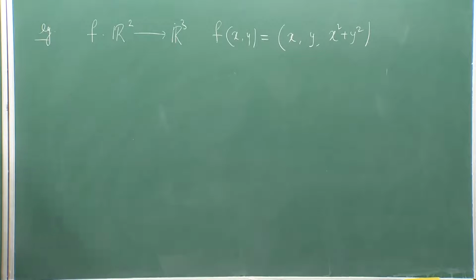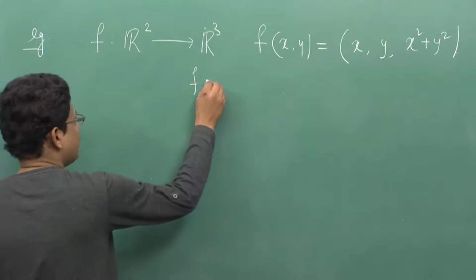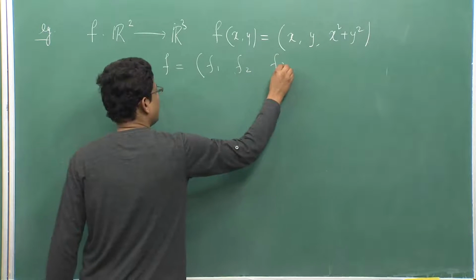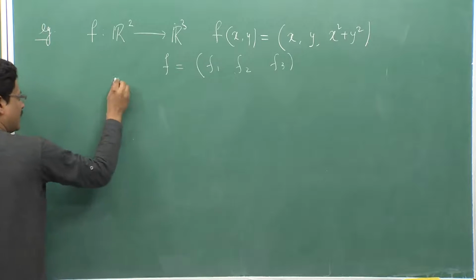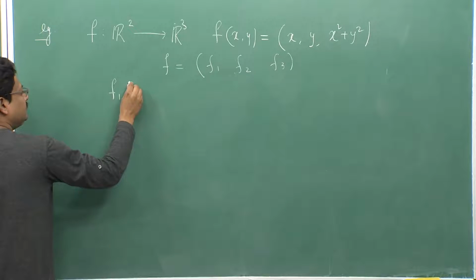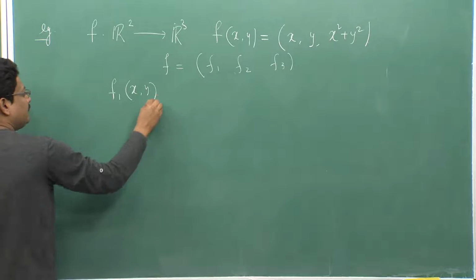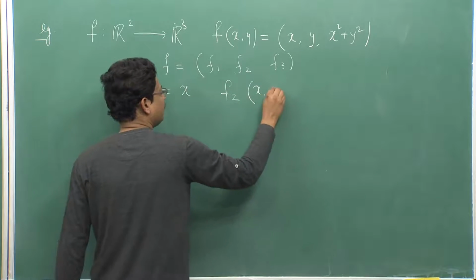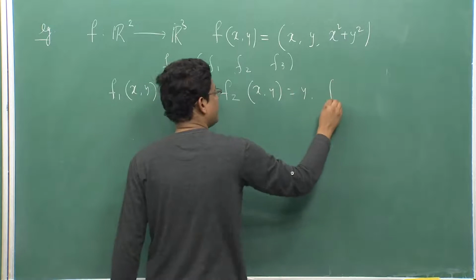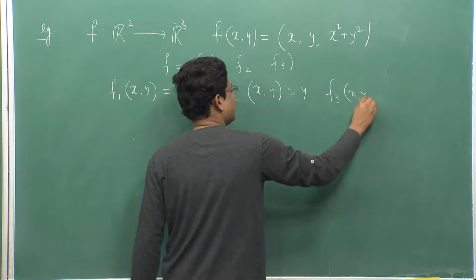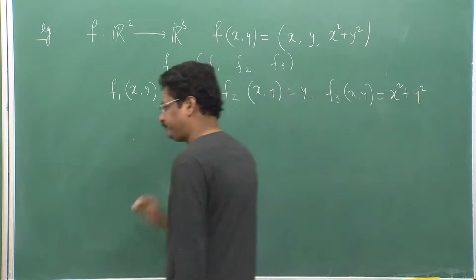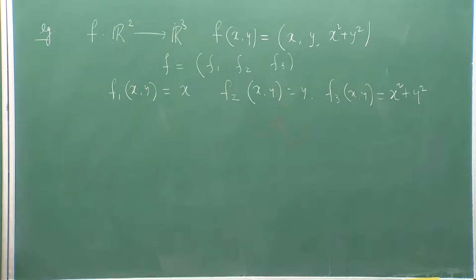Then, according to this prescription, first I will write f equal to f1, f2, f3, where f1 of x, y is equal to x, f2 of x, y is y, and f3 of x, y is equal to x squared plus y squared. Correct.